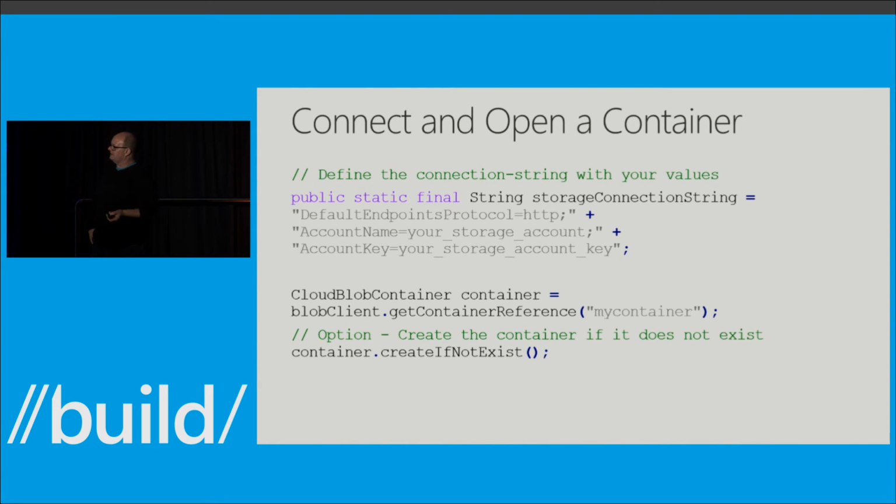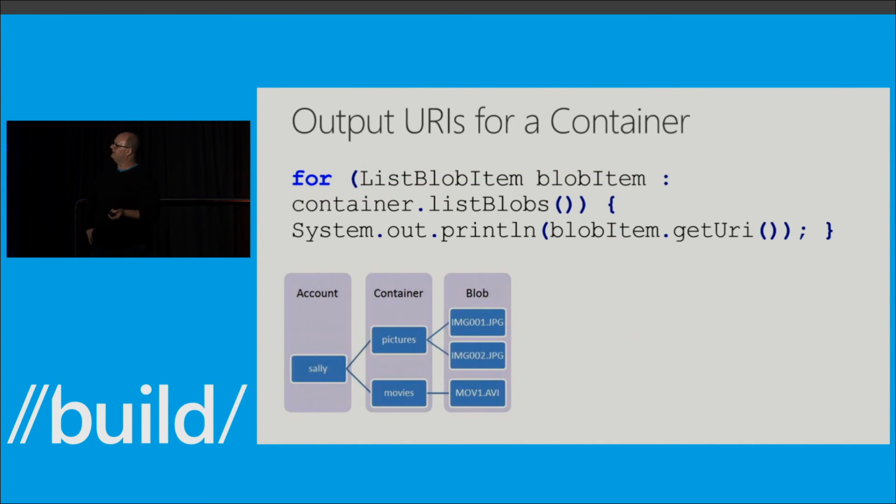Your storage account key is provided from the dashboard as well. And then you define your container with another class, so blob client get container reference. If the container doesn't exist, you can say create if not exists, so you don't get an error message. You can actually just create a container and then return a blank list of items in there.